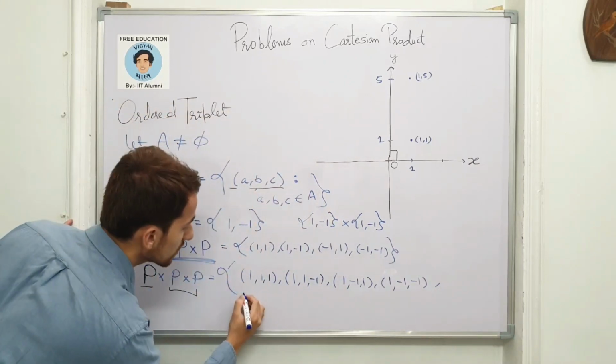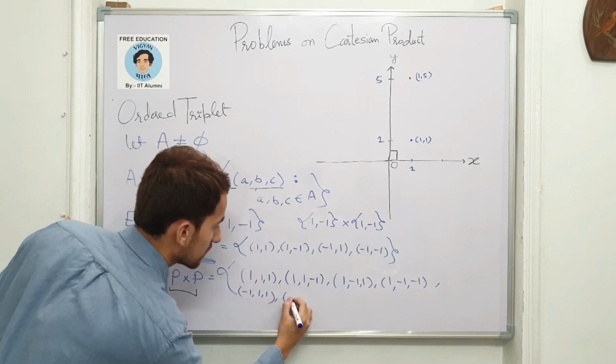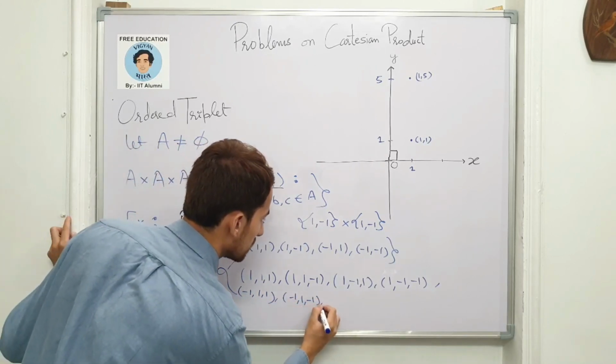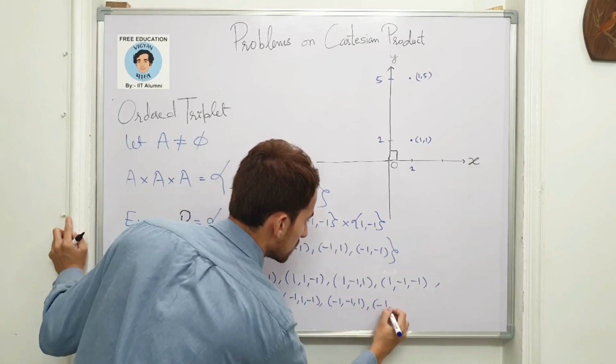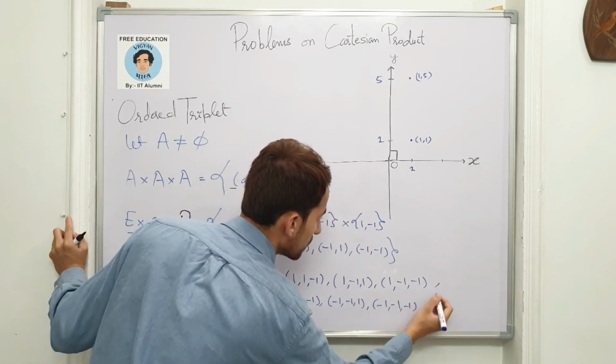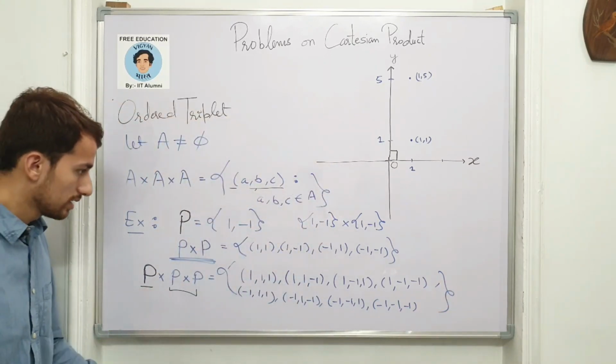Now choose -1 and apply the same process. Fine. So this is how we calculate this particular set.